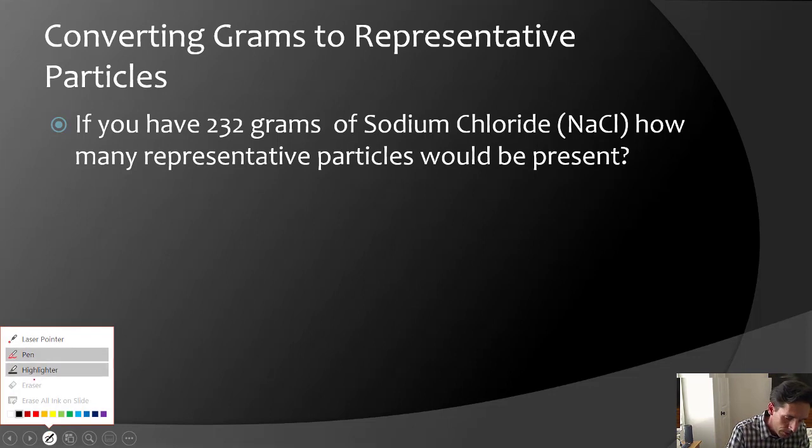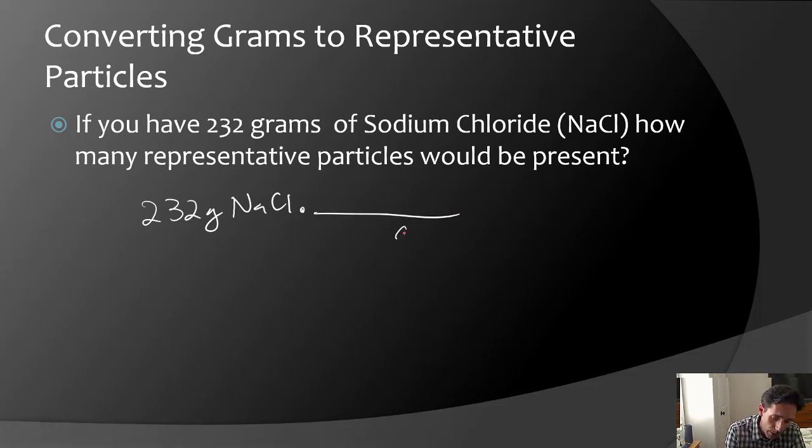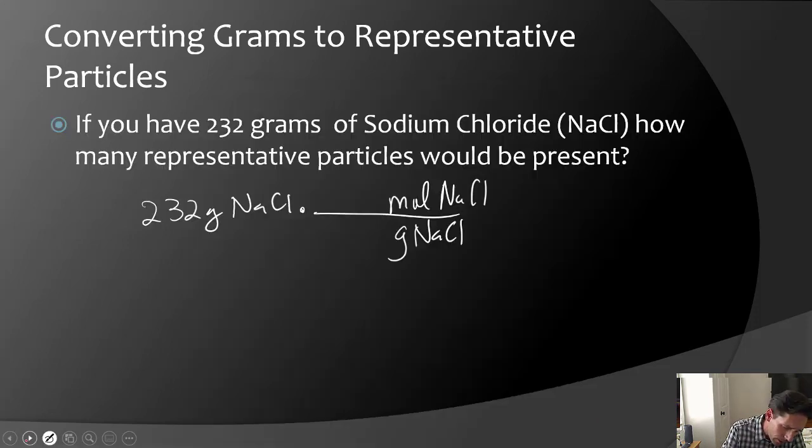All right. So in this particular question, we are starting with 232 grams of sodium chloride. Our first thing we have to do is convert the grams of sodium chloride into moles of sodium chloride. According to our little mole map, I need the molar mass, which we've already calculated before.